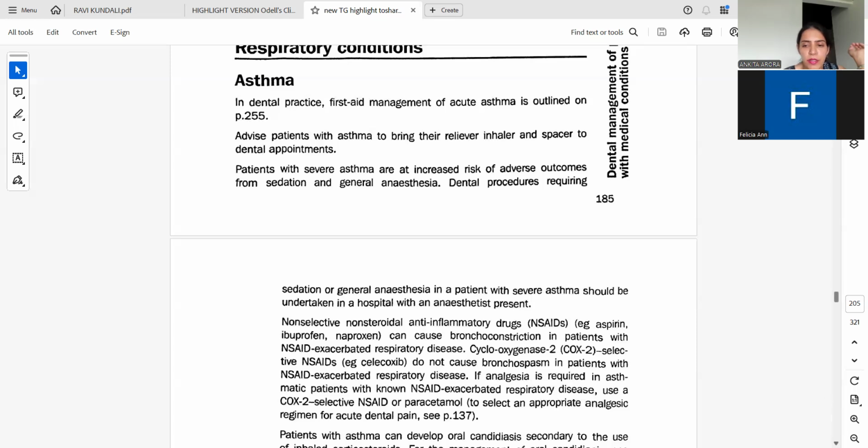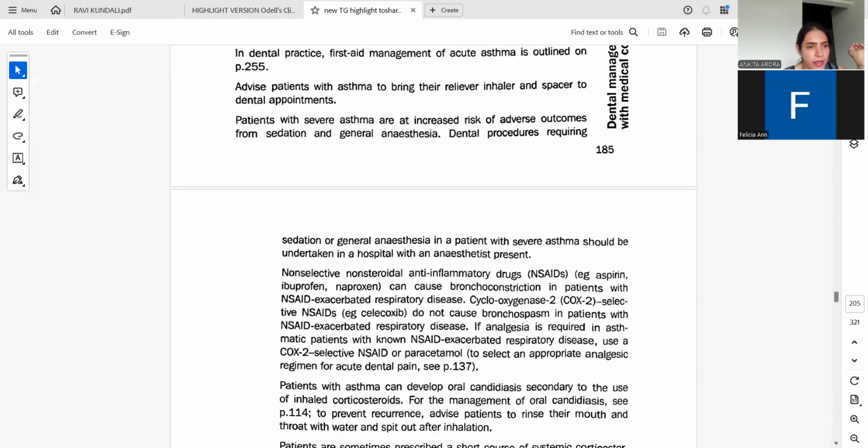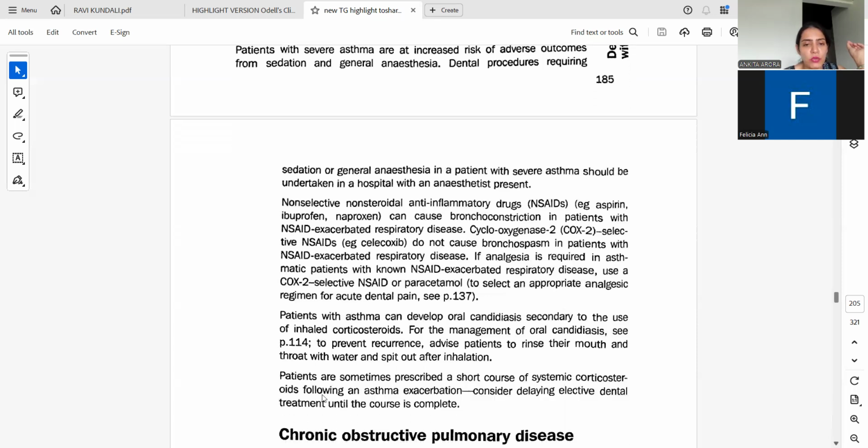Patients with asthma can develop oral candidiasis secondary to the use of inhaled corticosteroids. So, secondary to asthma, they are using corticosteroid inhalers, and they get oral candidiasis because of immunosuppression.